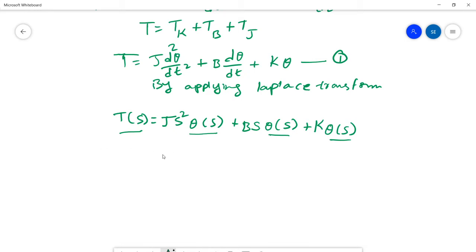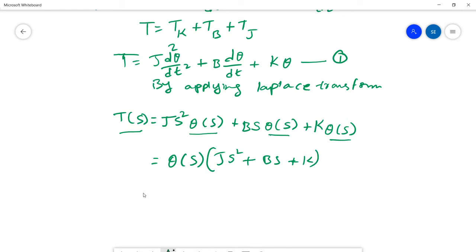For this system, if you take theta of s common, you get Js square plus Bs plus K, right?